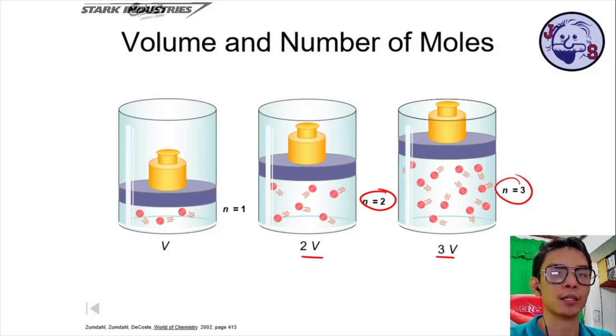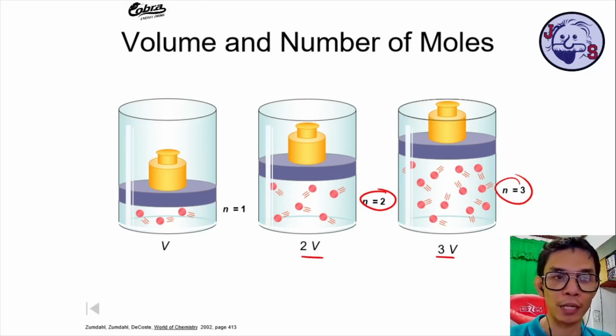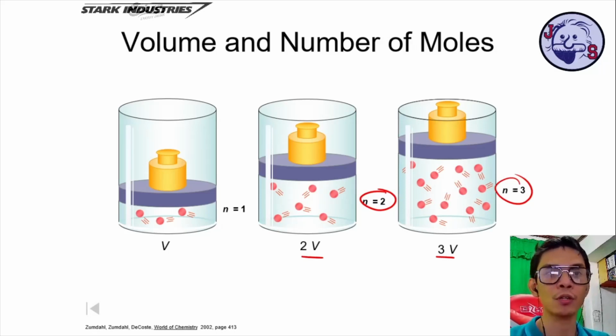It increases. And what happens to the amount of gas inside the balloon? It also increases. So as the volume of the balloon increases, the amount of gas inside also increases. Therefore, this is directly proportional.